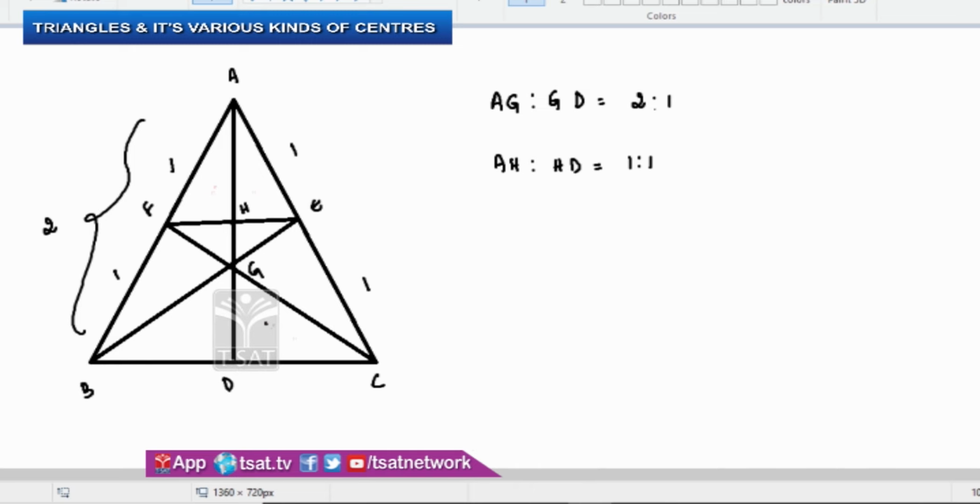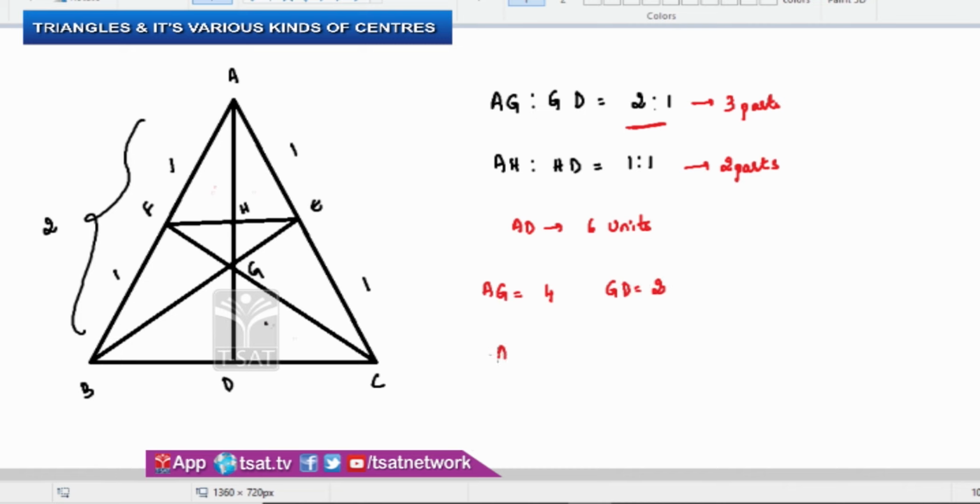So totally, how many parts are there? Here there are 3 parts, here there are 2 parts. So take a value which is divisible by both 3 and 2. I am taking AD as 6 units. I am dividing AD in the ratio 2:1. Therefore, AG is 2/3 of 6, which is 4, and GD is 2 units.